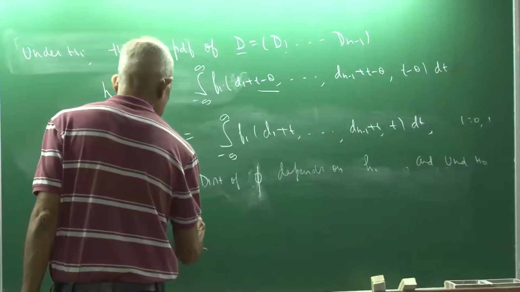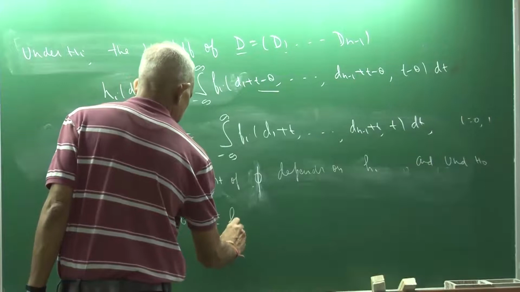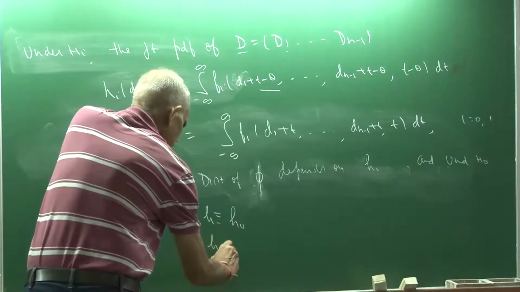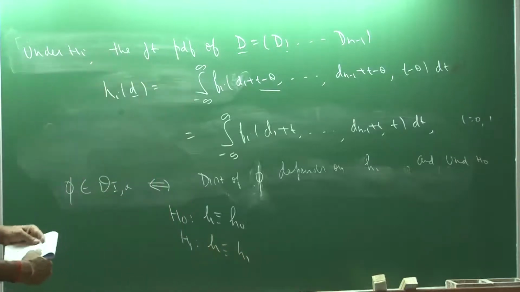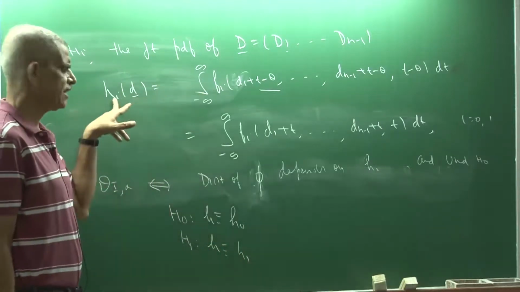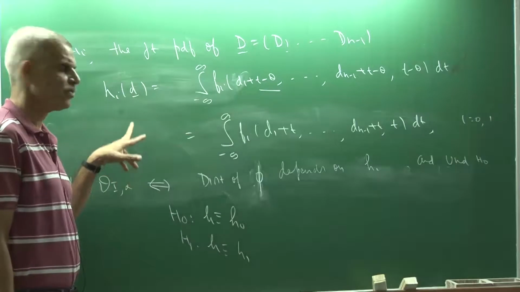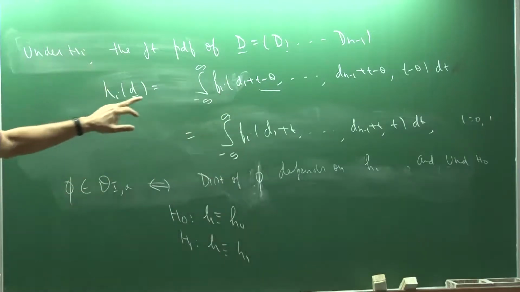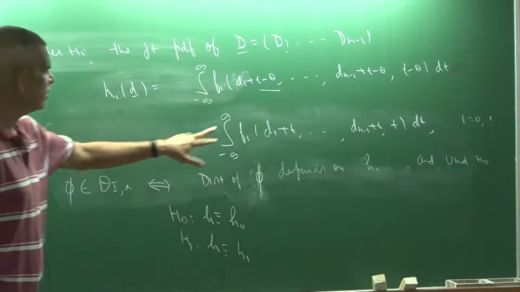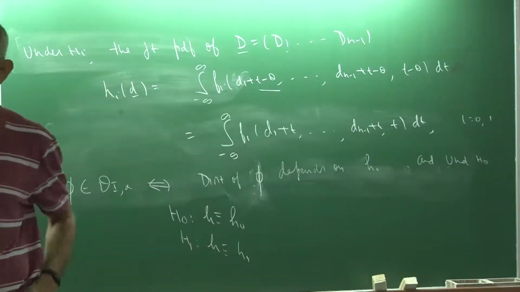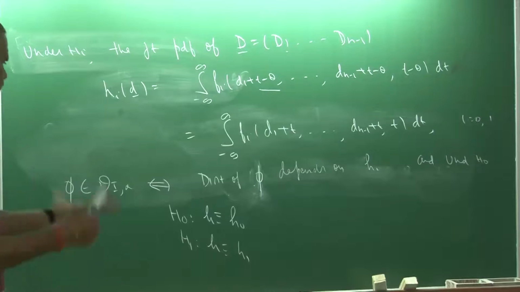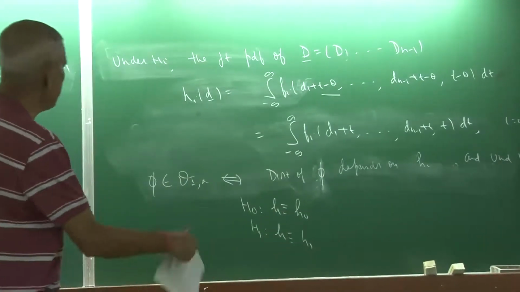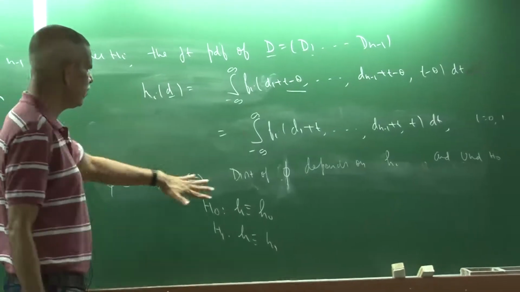so what you have is H0, that your H is same as H0, and H1 is that H is same as H1. So what you know is F0 corresponds to H0 and F1 corresponds to H1, because i corresponds to i over here. Now since F0 and F1 just go in the background, everything depends only on H0 and H1.